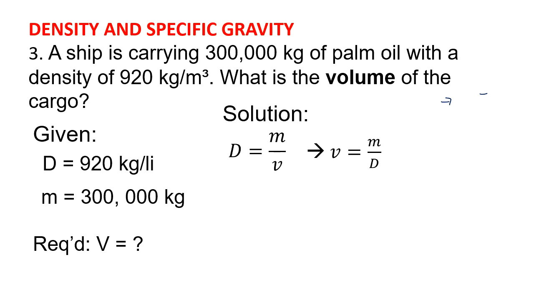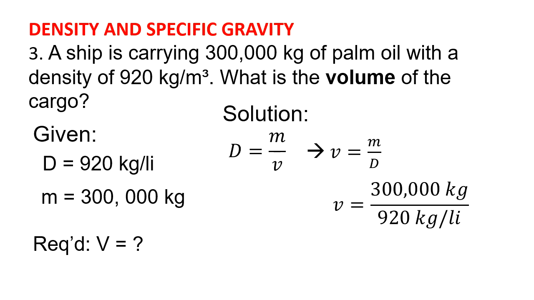Now, from the formula that we got, which is V equals M over D, let us now substitute our given. We have 300,000 kilograms divided by 920 kilograms per meter cube.